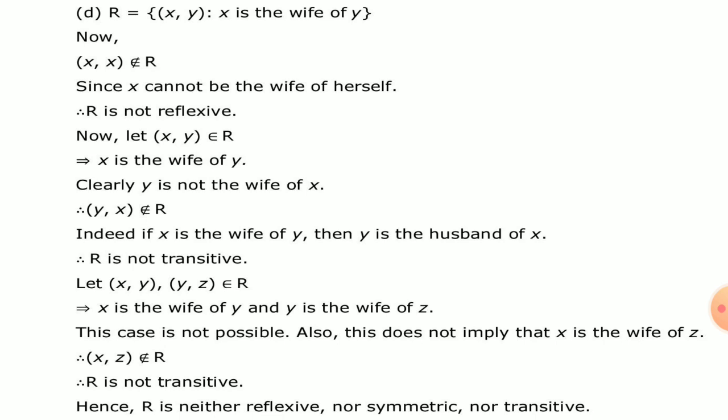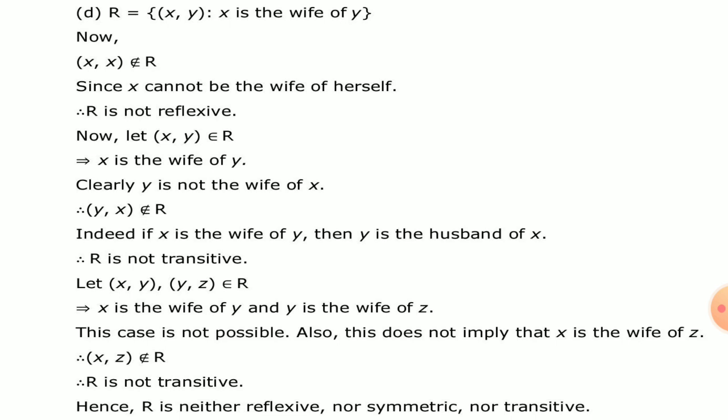Let (x, y) belong to R and (y, z) belong to R. That means x is the wife of y and y is the wife of z. This case is not possible, because y cannot be one time husband and one time wife.